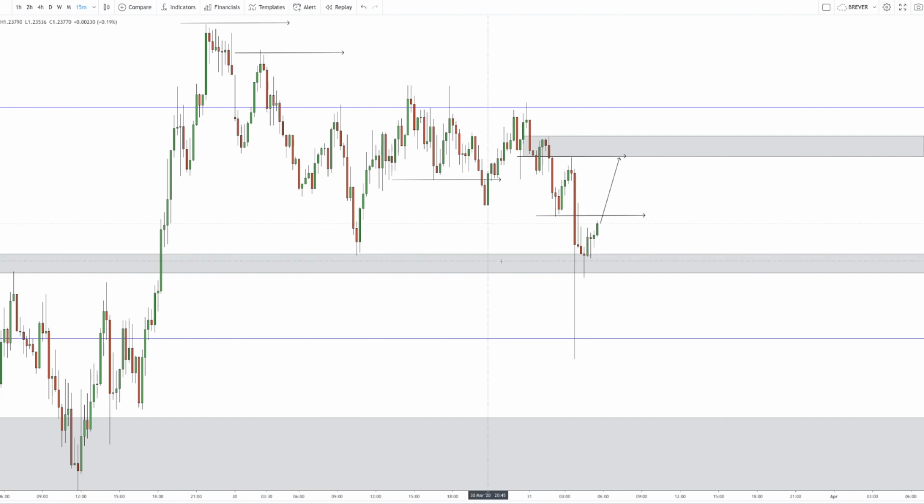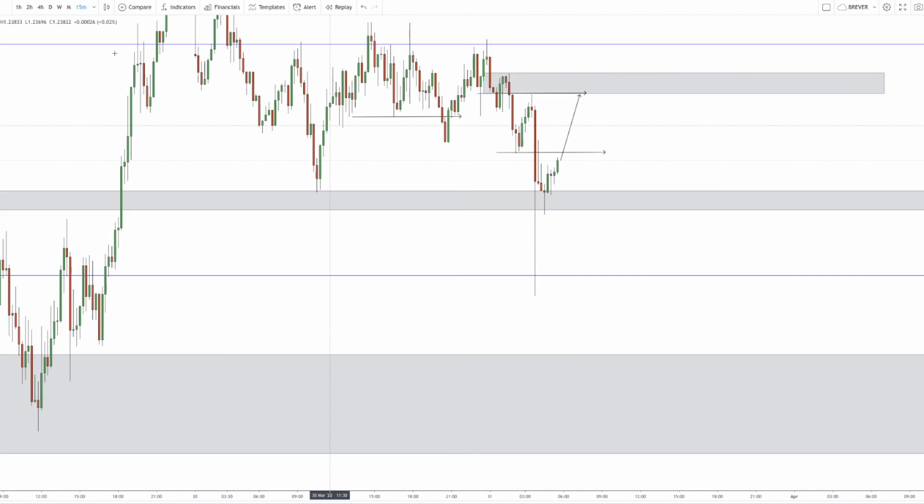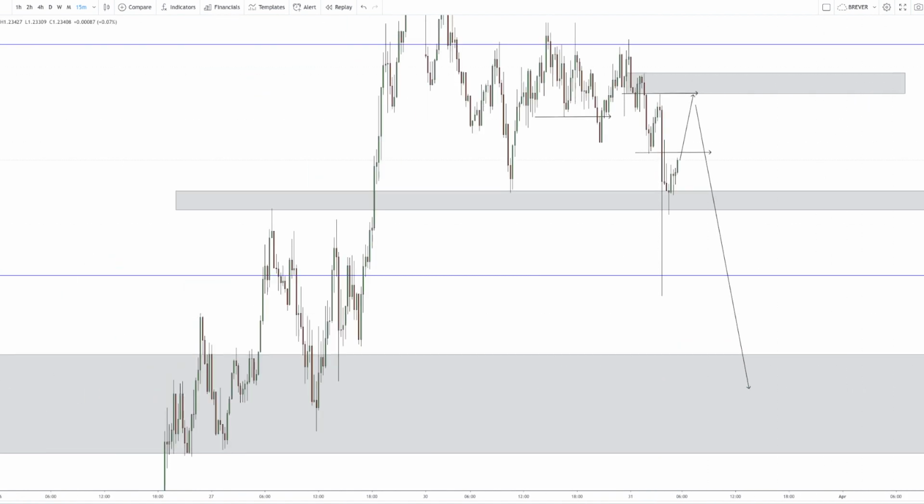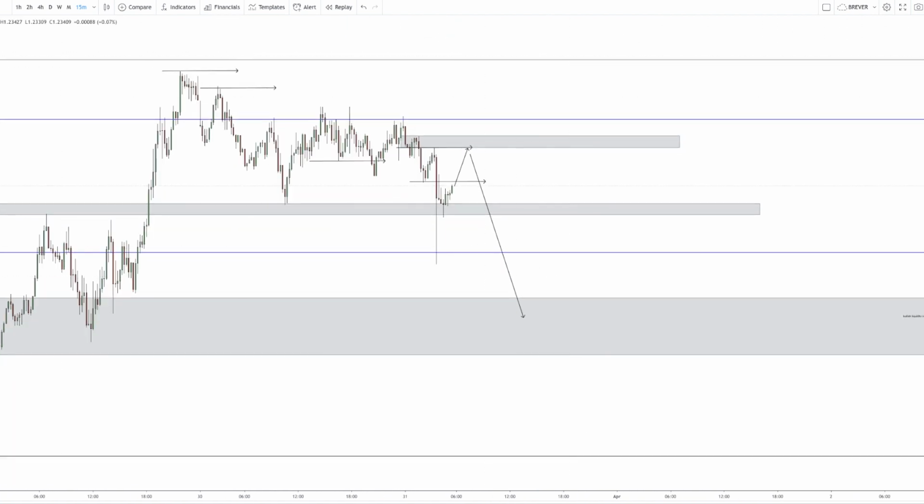Now we just managed to come to this low. The next one is going to be here. After breaking that, we come into these regions, whereby we're going to take our long-term long trade.